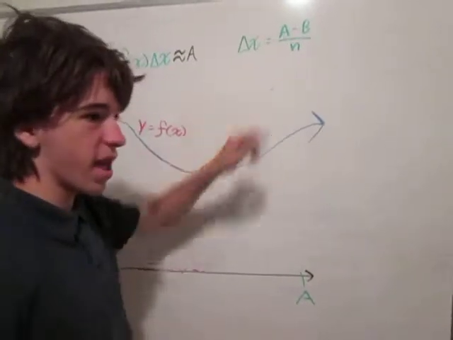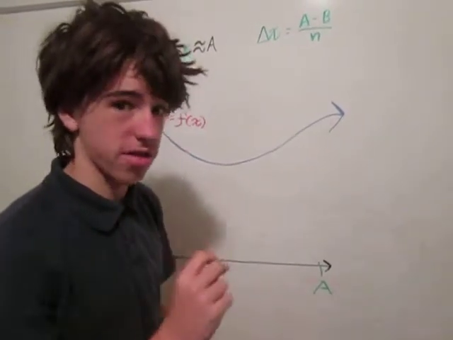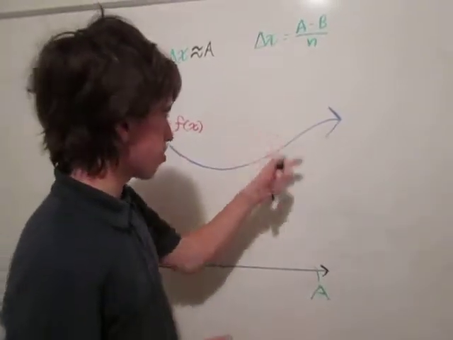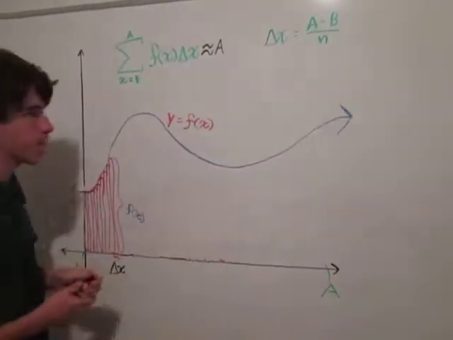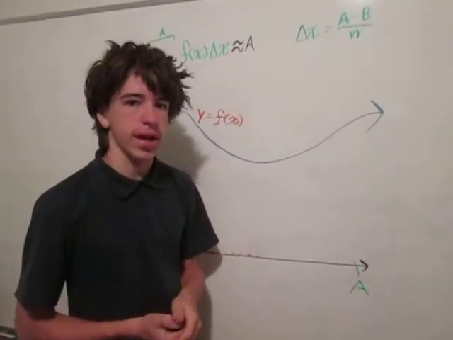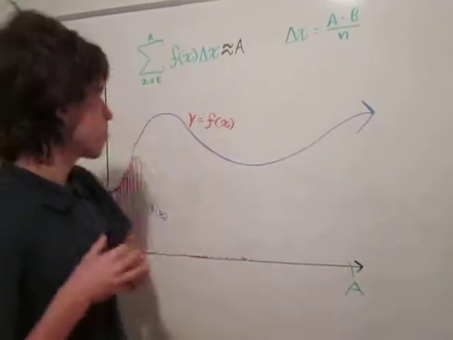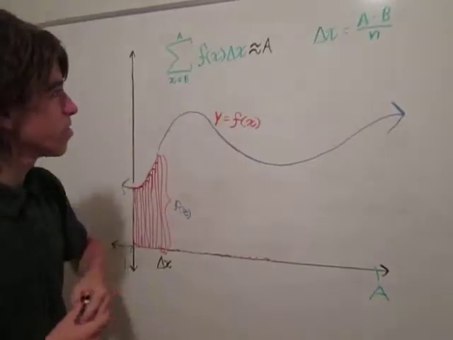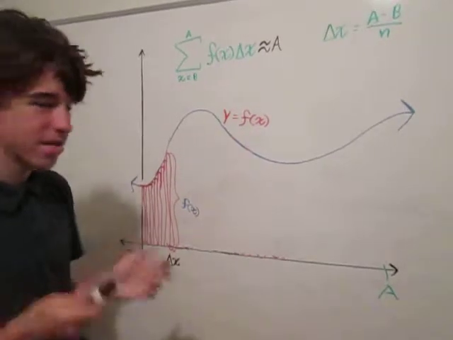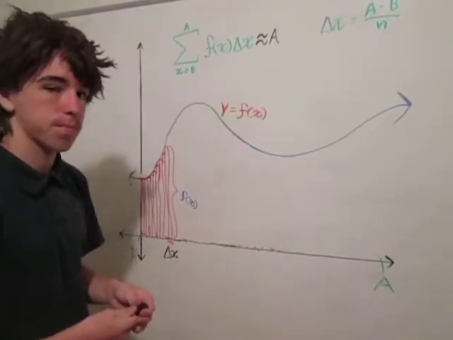We need to find when delta x is infinitely small, which would mean that our number of rectangles would have to be infinity. But of course we can't usually do that, can we? Because we can't just use infinity and 0 here, because that doesn't make any sense. But maybe we could use a limit.